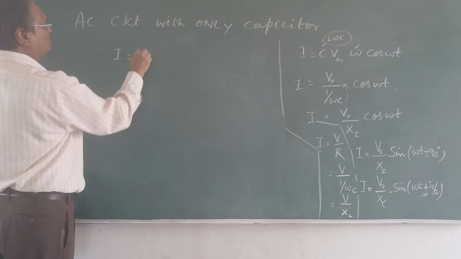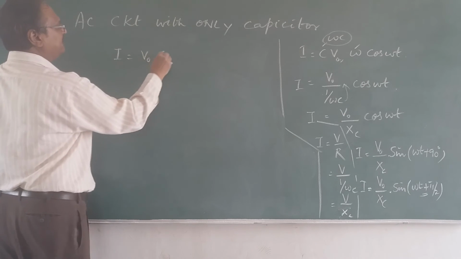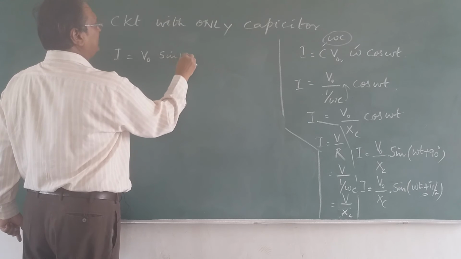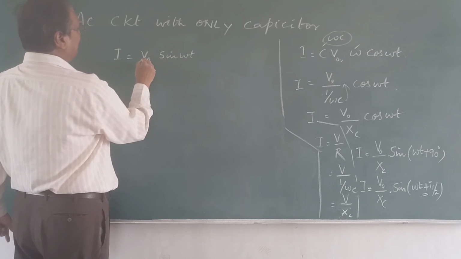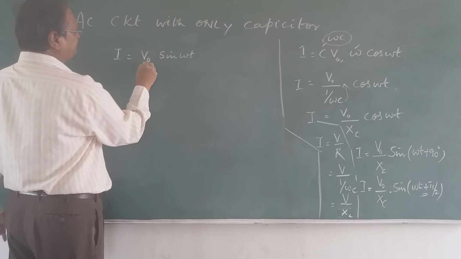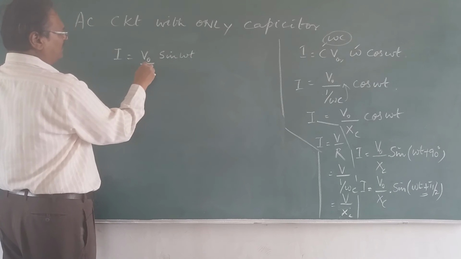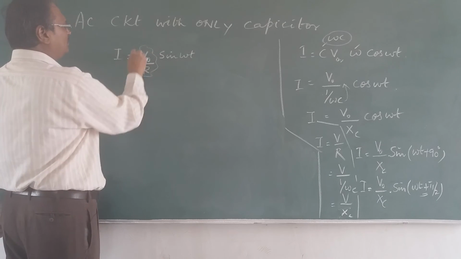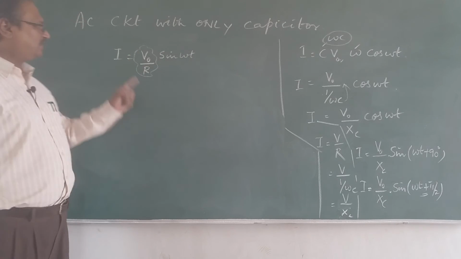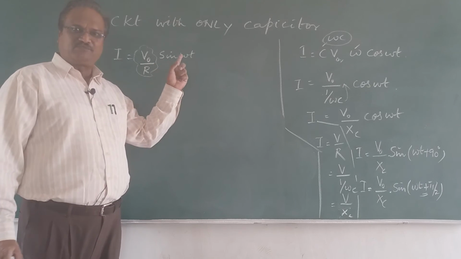I is equal to V naught sin omega t, and we divided it and said I is equal to V naught upon R. So what has happened is, for R, the potential and current are going to be in the same phase.